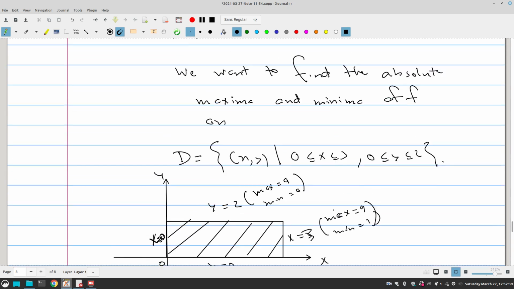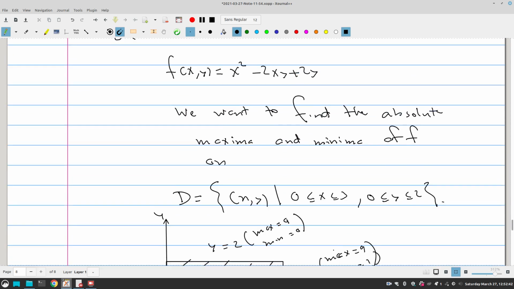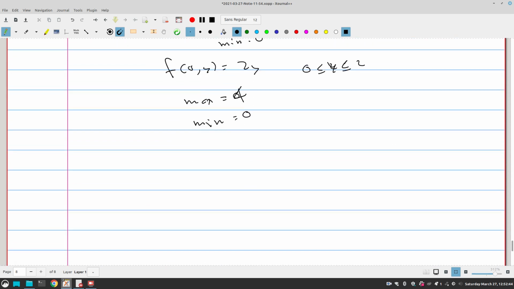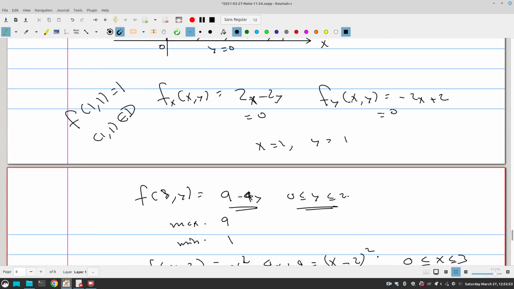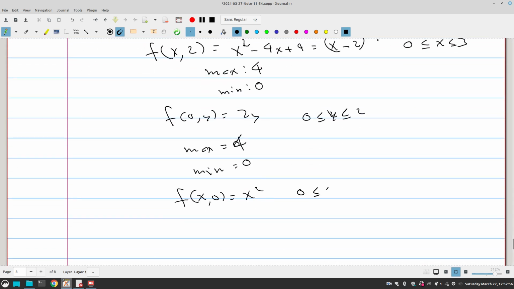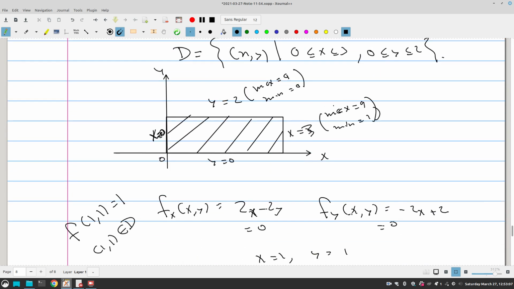If y is equal to 0, then f(x, 0) equals x squared, and x goes from 0 to 3. So max equals 9, min equals 0. And on the edge y equals 2, max equals 4, min equals 0.